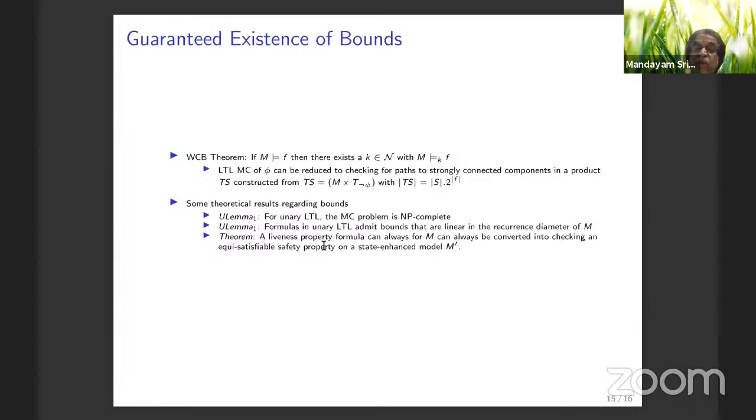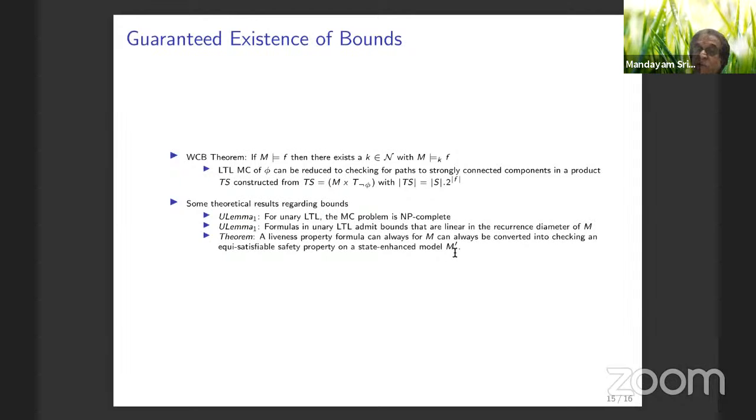Any liveness property in the full LTL, in the sense that they could be using U, R, and F, not just G and X, you can always reduce the checking of a liveness property to one of checking a safety property on an enhanced model, by adding some states to M and then deriving an M prime.